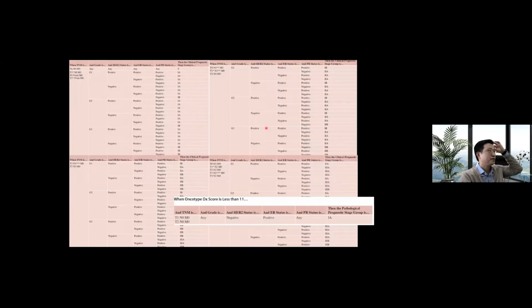So this list goes on, and one particular sector is using the Oncotype DX score. This score can be used in a particular subset of patients who have T1 or T2, N1, M0, HER2 negative and ER positive, then those patients are considered stage 1A.